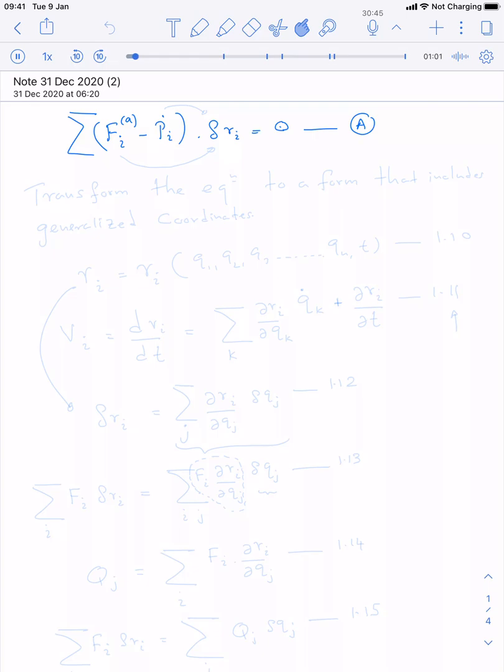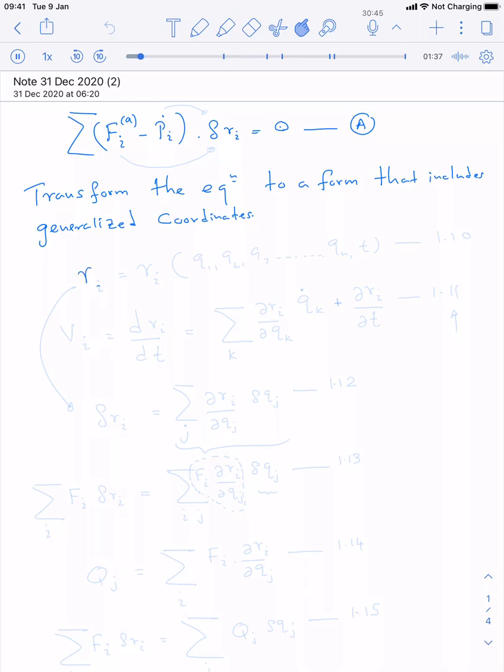So that is, transform the equation to a form that includes generalized coordinates.